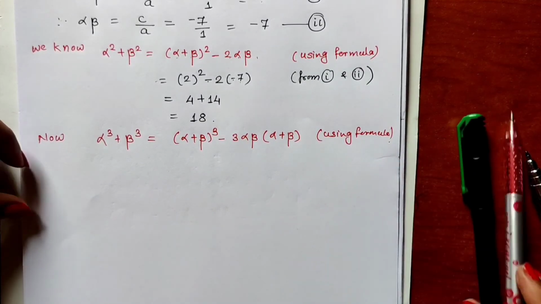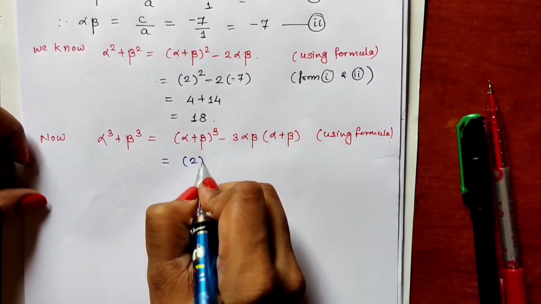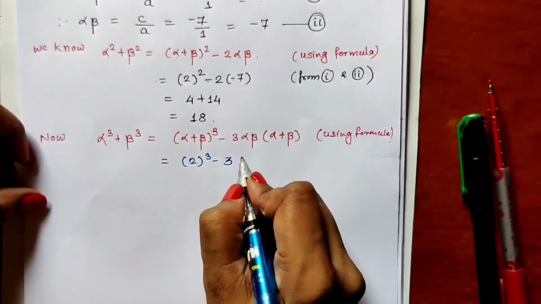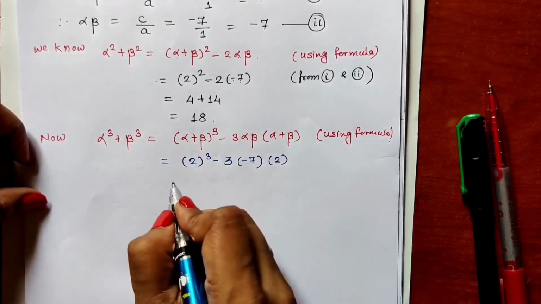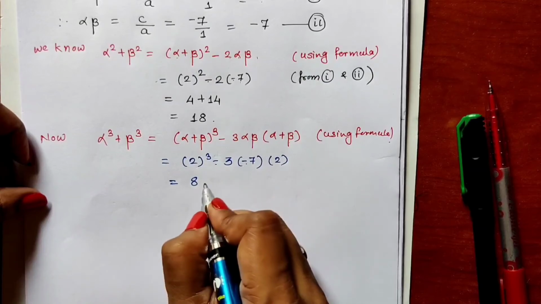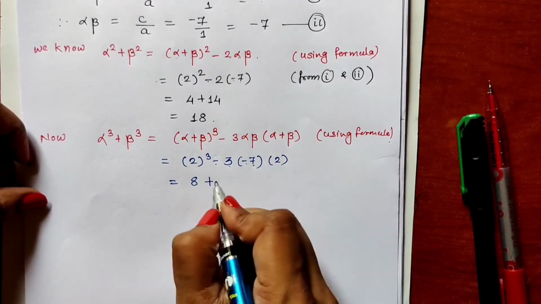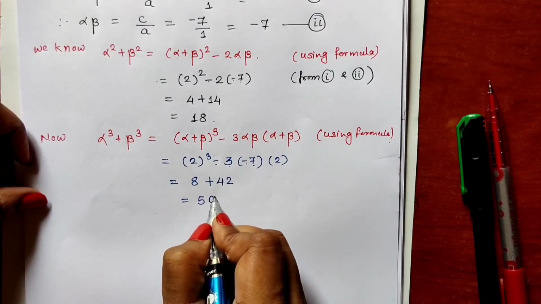So put the values now. Alpha plus beta whole cube means 2 whole cube, minus 3 into alpha beta, which means minus 7. Alpha into beta means 2. 2 cube, 2 into 2 into 2 is 8. Minus minus plus. 3 sevens are 21. 21 twos are 42. 42 plus 8 is 50.